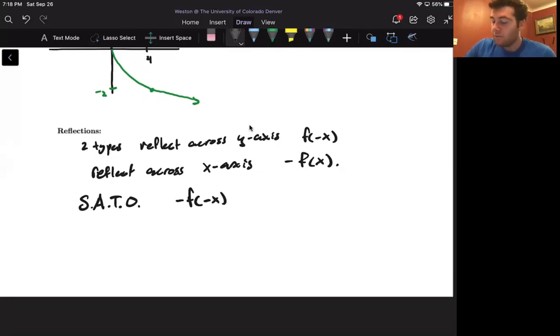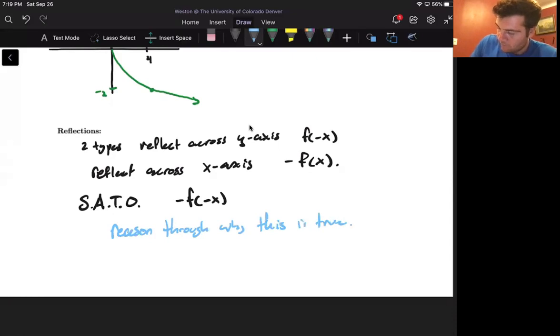And I think it'd be a good exercise to reason through why this is true. And as a hint, we're going to want to combine the intuition of reflecting across the y-axis and reflecting across the x-axis. All right, happy graphing.